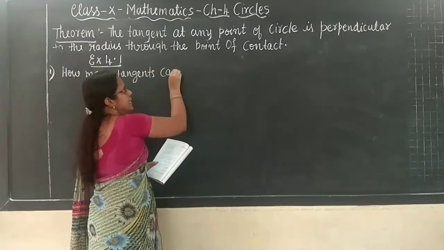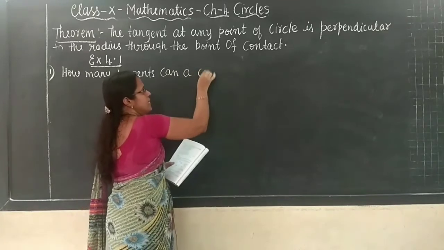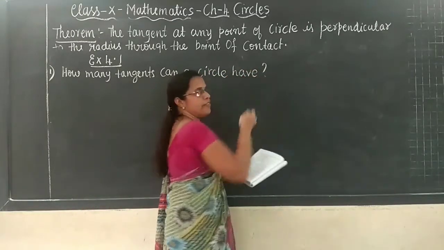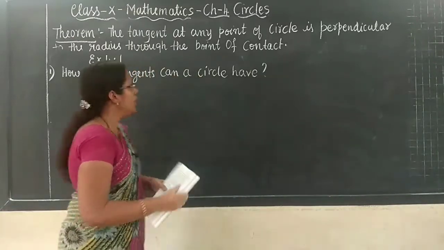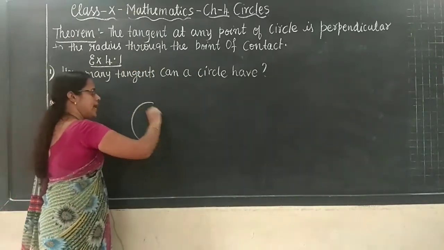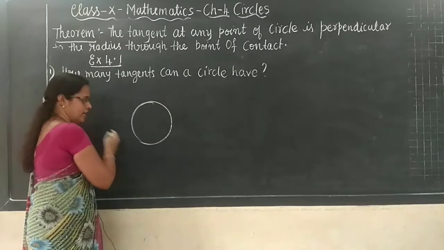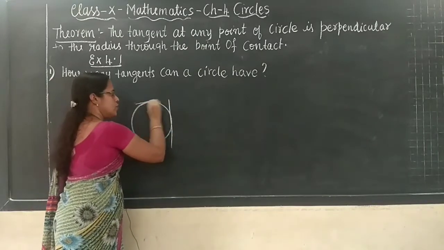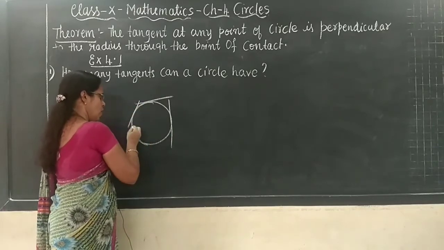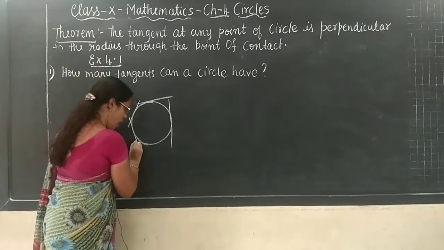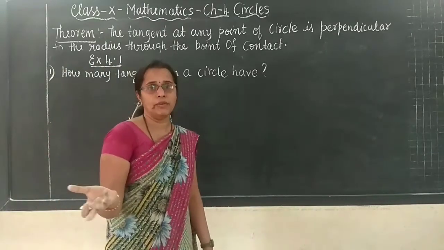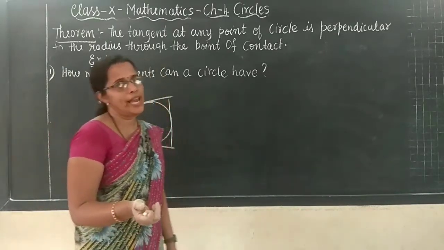If I take one circle, how many tangents can be drawn to that circle? I can draw in this way, or this way, or this way. Infinitely many tangents can be drawn to a circle.